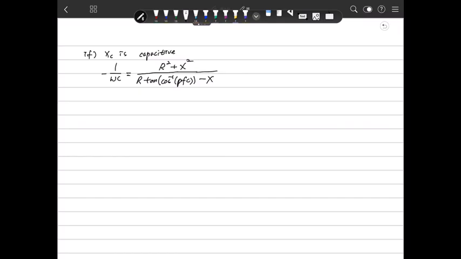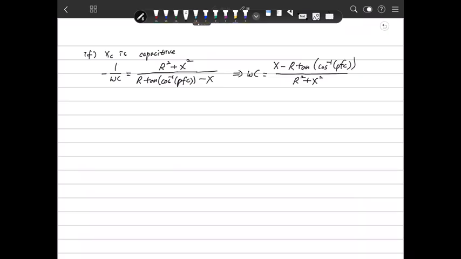And from here, omega C can be written. We arrange it based on this equation: r square plus x square over x minus r tangent cosine the desired PF values in this manner.